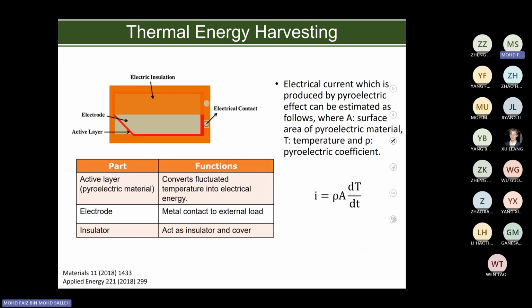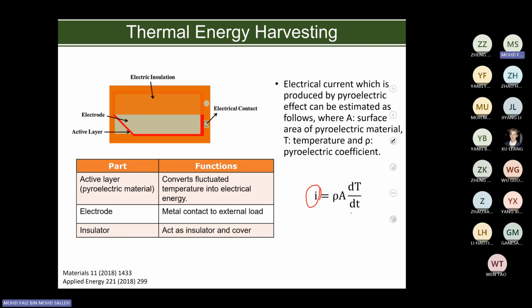Then the pyroelectric is also simple. You need electrodes, you need a pyroelectric material, usually a ferroelectric material, and then you need the temperature fluctuation, dT over dt, and then you can produce power. Very simple.